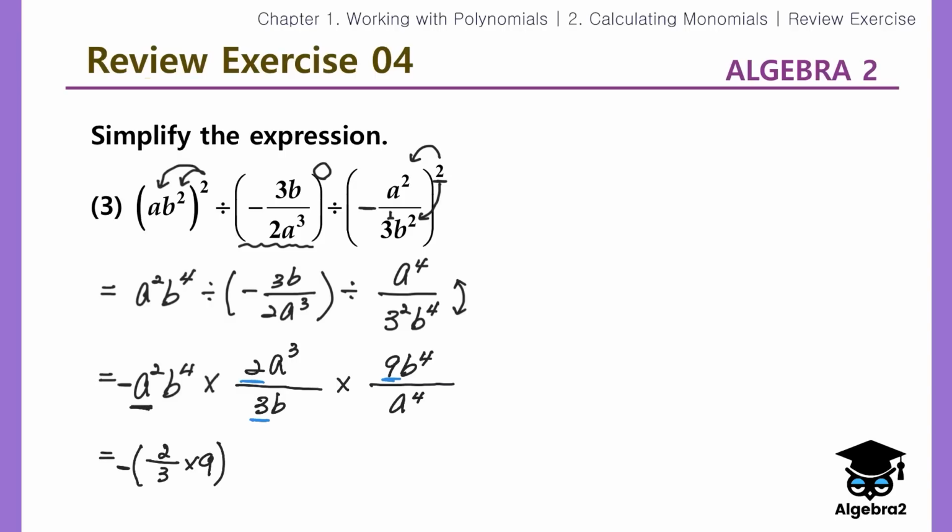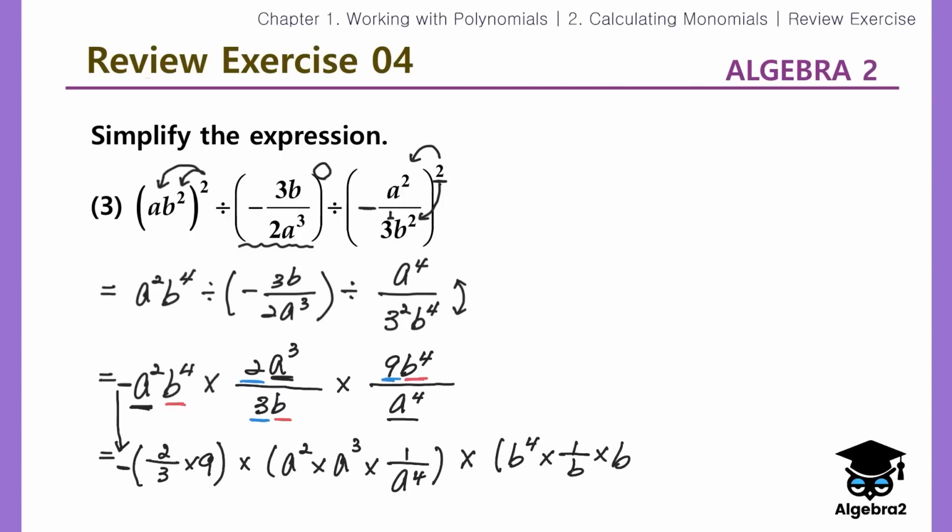So 2 over 3 times 9, and variable a squared. Well, we have negative here, right? This negative. And we have a squared, a cubed, times 1 over a to the 4, right? Times, let's look at b. b to the 4, 1 over b, times b to the 4.